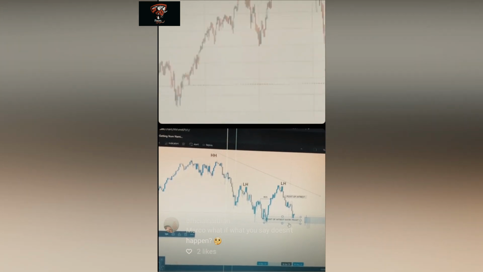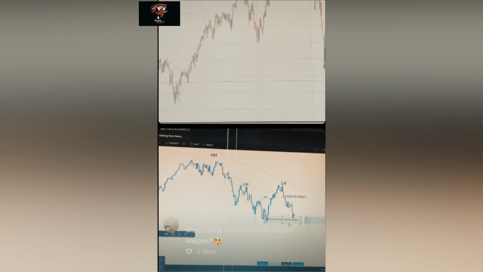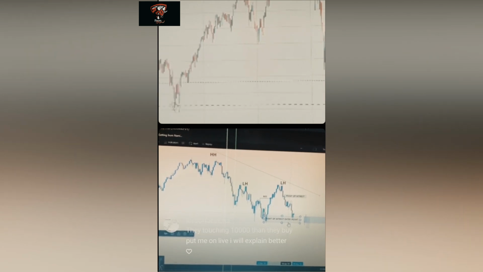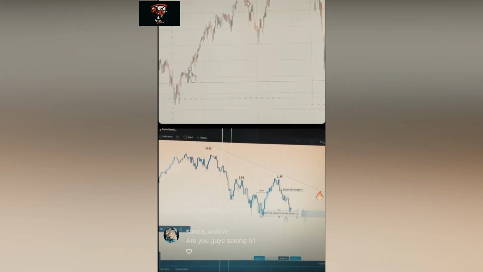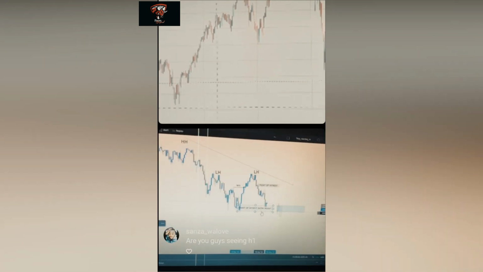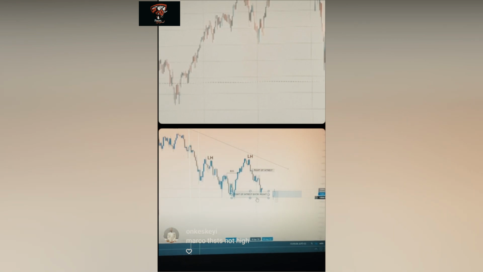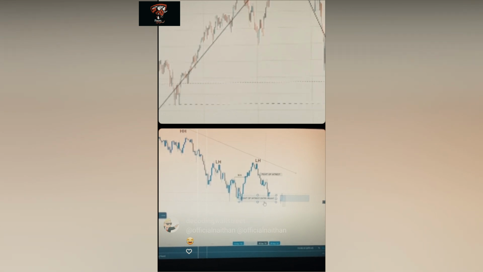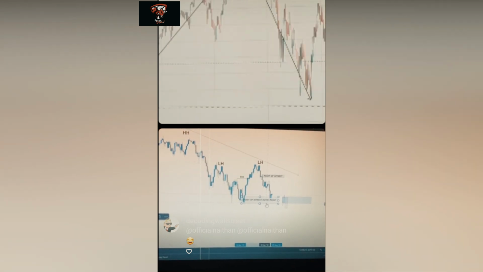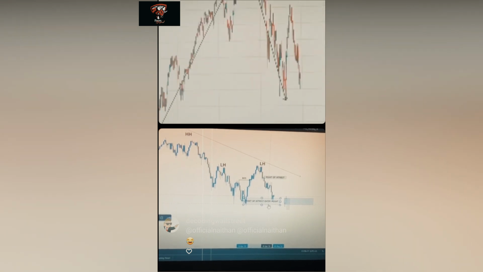So it was basically a situation where, like I said before, price made this high, and then price made this low. Right now, currently, price has made that high.